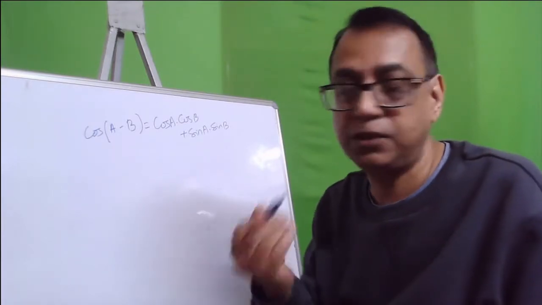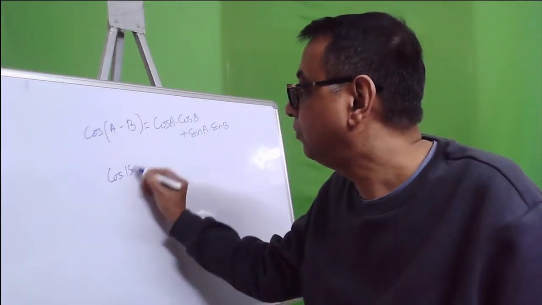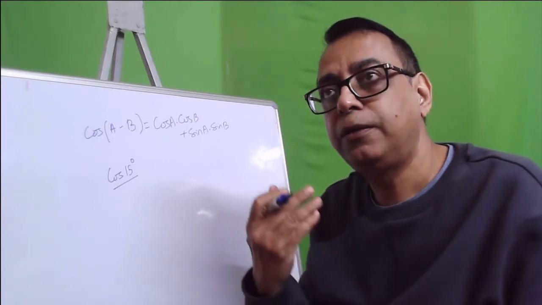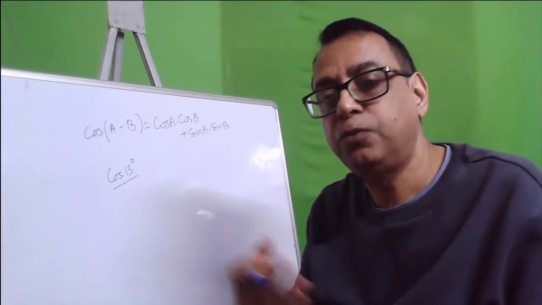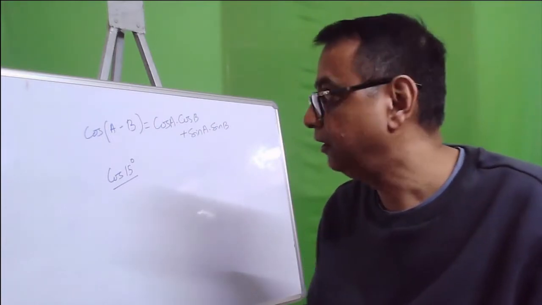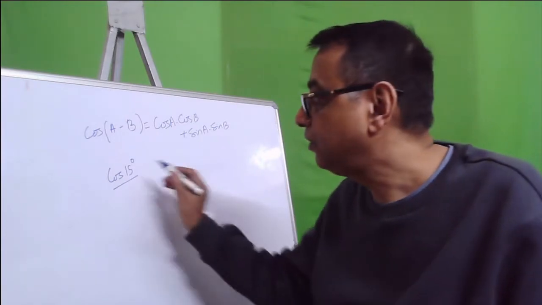For example, what if somebody asks me to find out the value of cos 15 degree? Using the geometries of triangles, we cannot find out the value of cos 15 degree. But using trigonometric identities, we can find it out.